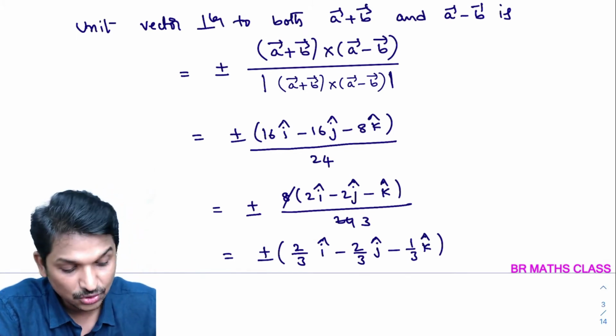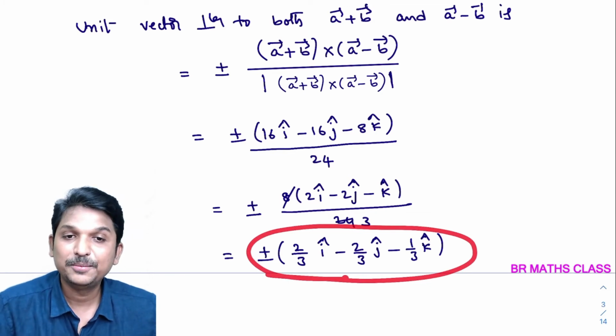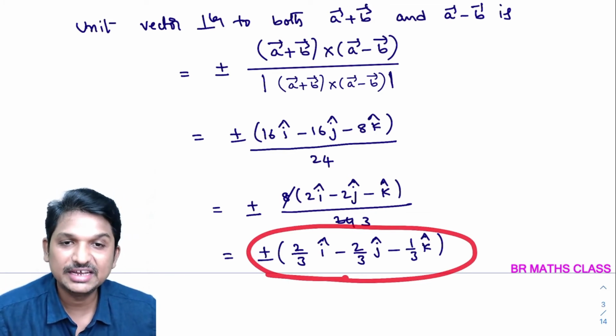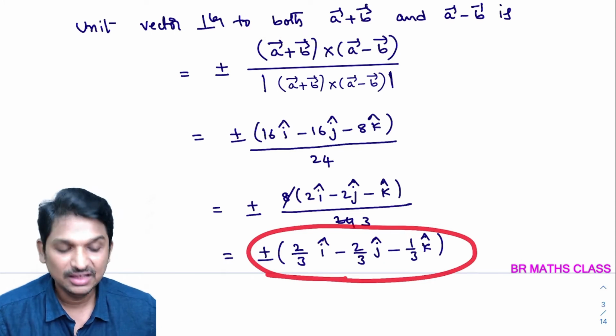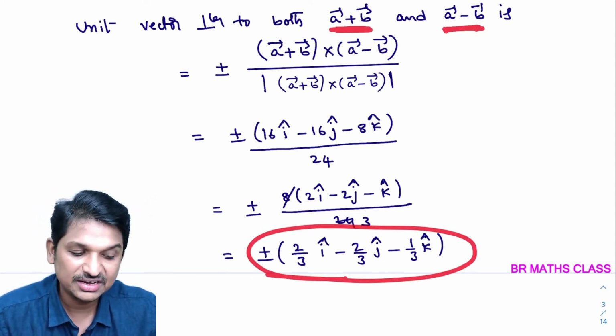Now this is the vector. This vector is perpendicular to a bar plus b bar as well as a bar minus b bar.